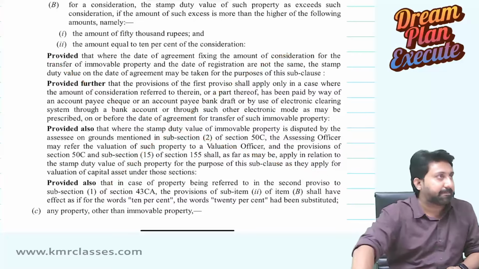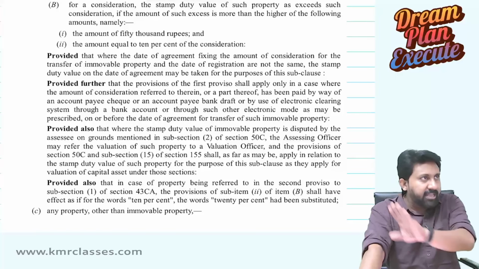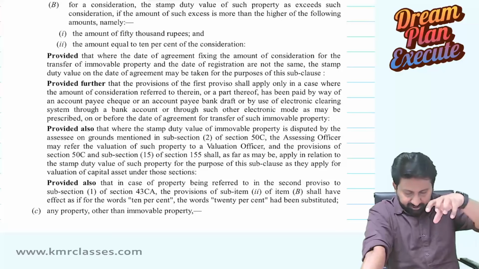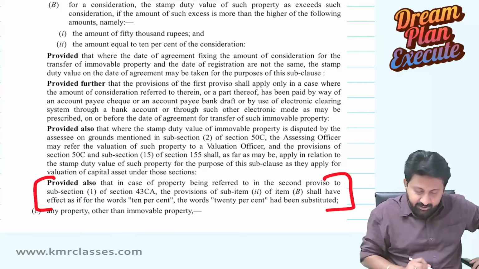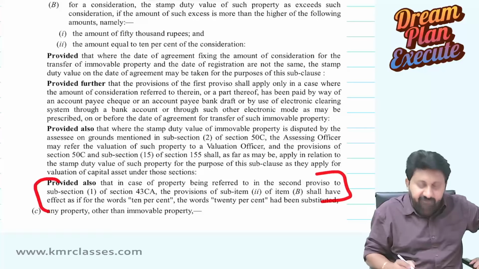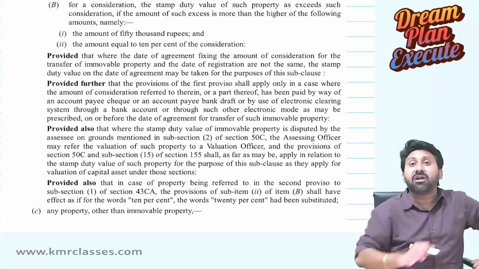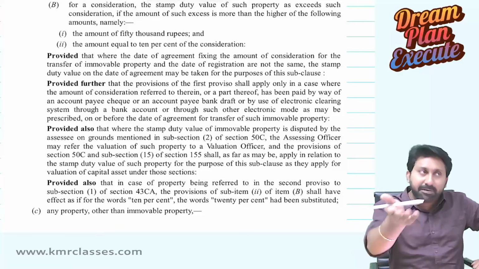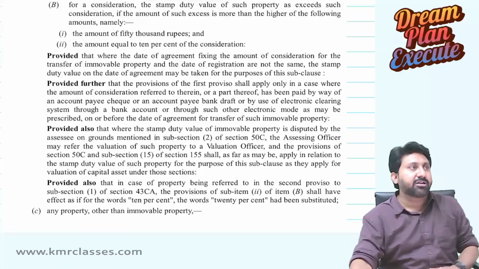I will explain separately what the proviso discussion is. Here only, we are not going to postpone any single line. Whatever is there on this page, except 43 CA, we are going to discuss all the provisos also here itself. Sir, 43 CA, why you are not discussing, sir? 43 CA is a PGBP section. When we come to PGBP, we will discuss 43 CA. This is not the time.